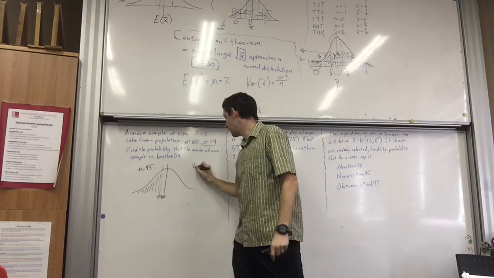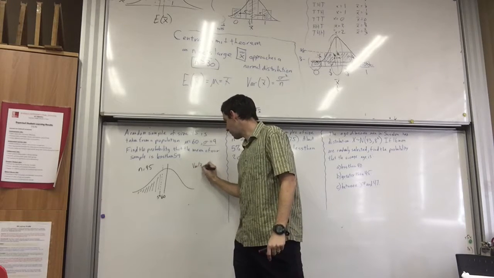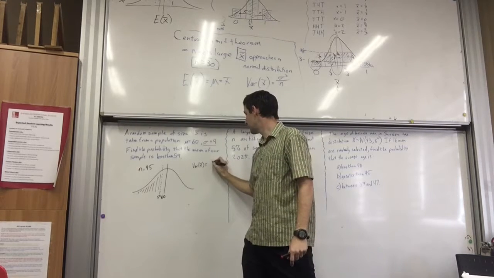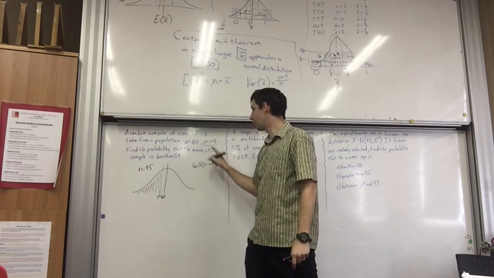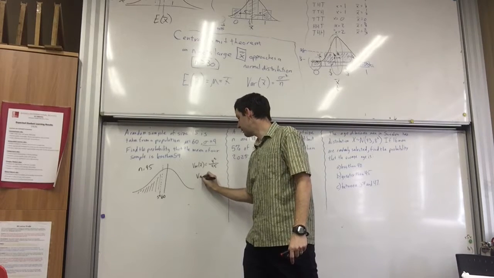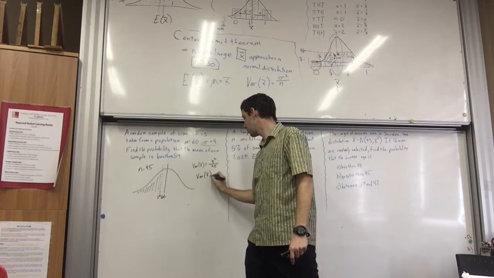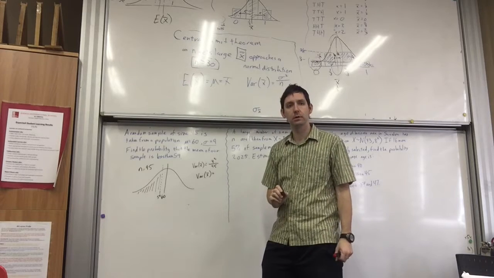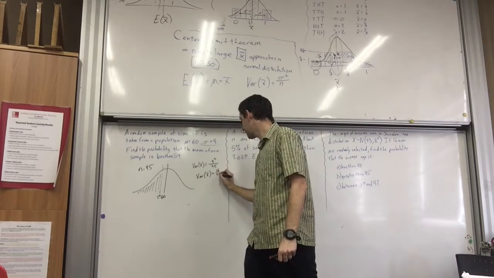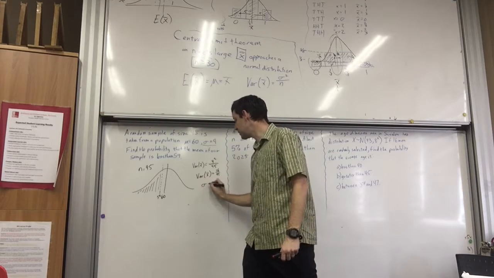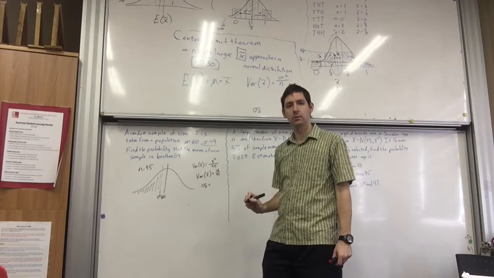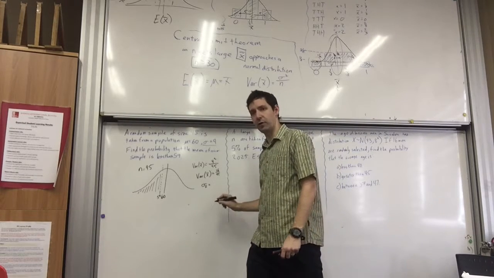So I'm going to say the variance of x bar is equal to sigma, which is 4 squared, over the number, which is 45. So what is going to be the variance of x bar? 16 over 45, which I'm okay with just leaving that way. Therefore, the standard deviation of x bar is the square root of that, right?